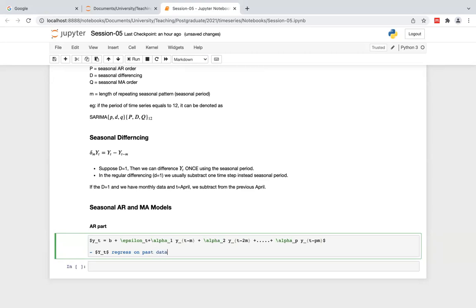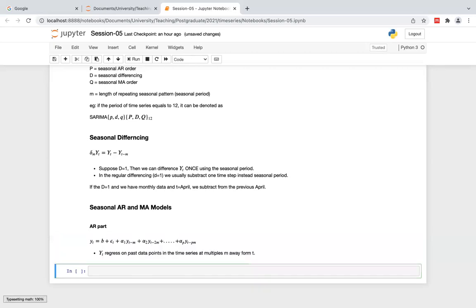Past data points, but in the time series at multiples m away, it actually depends on the past data point.